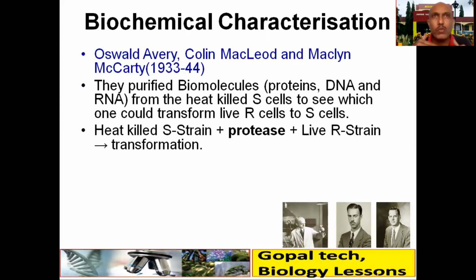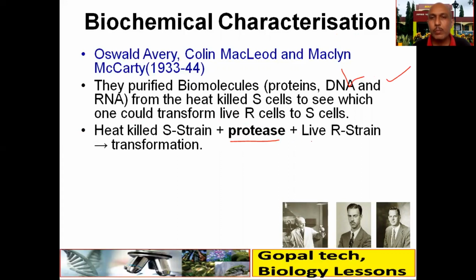So again they performed the experiment conducted by Griffith, but with the addition of certain enzymes. Here you can see the enzyme protease added to the heat killed S strain. Protease will digest the proteins, but not DNA or RNA. Only proteins are digested.